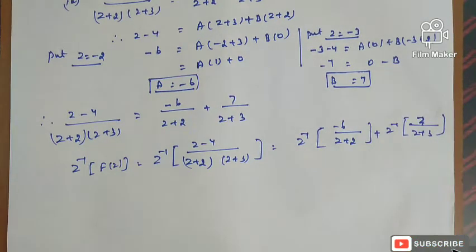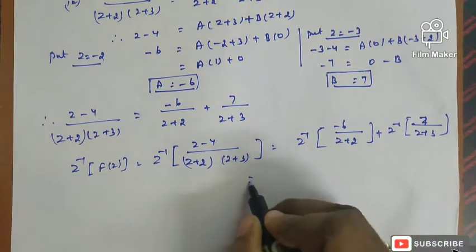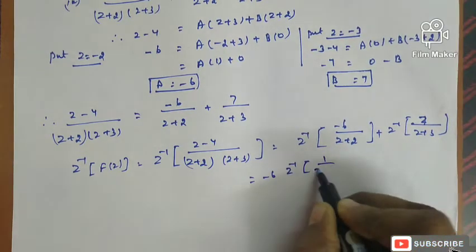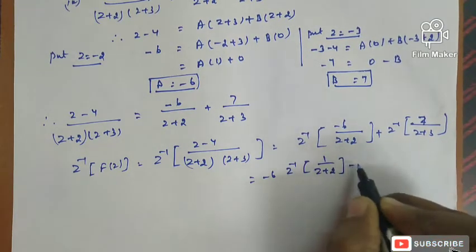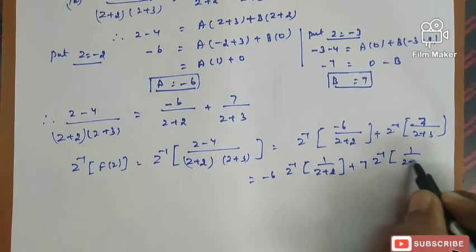So this is what we have now arrived at. We can take the minus 6 and 7 out because they are constants. So minus 6 into Z inverse of 1 by Z plus 2 plus 7 into Z inverse of 1 by Z plus 3.